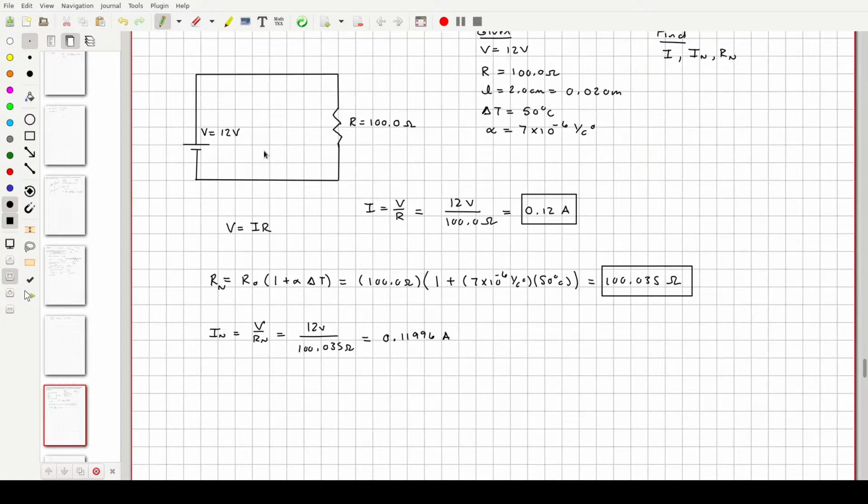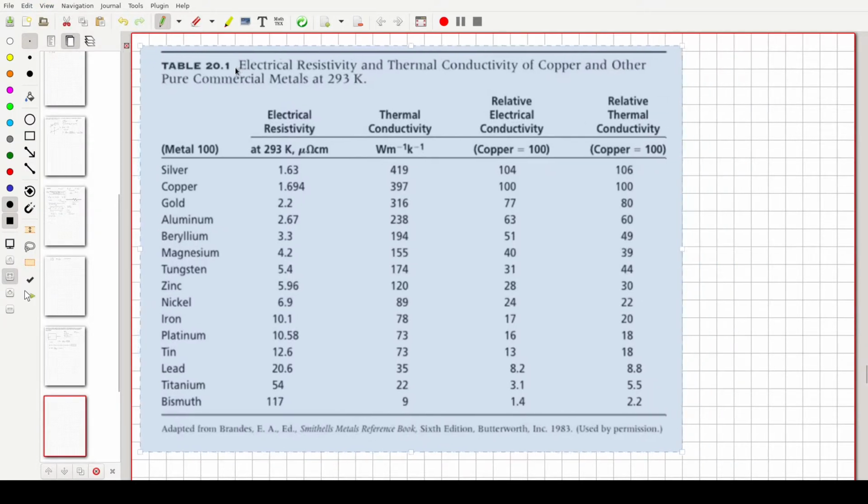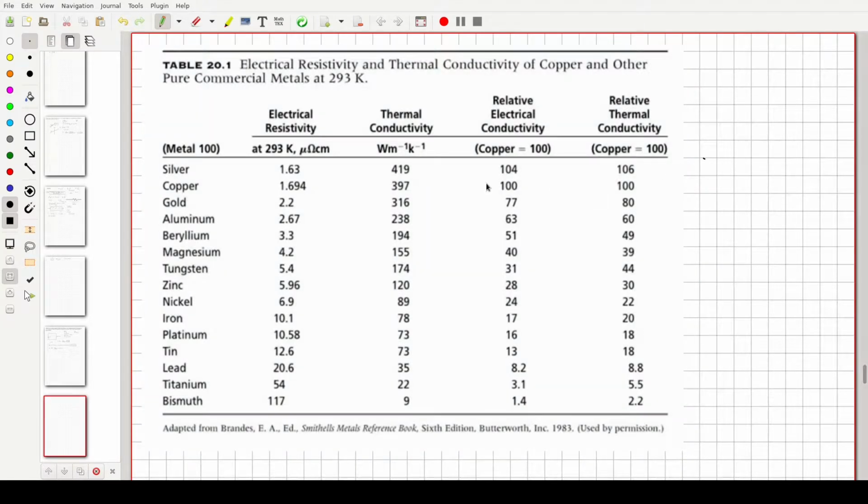For example, if I were to look up a table of resistivities here, as you can see, you have resistivity, you have your thermal conductivity.